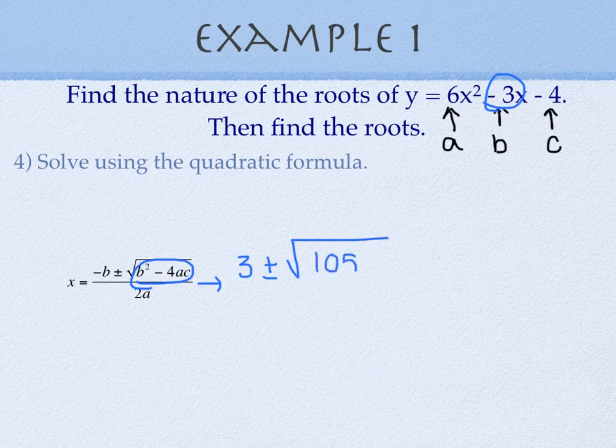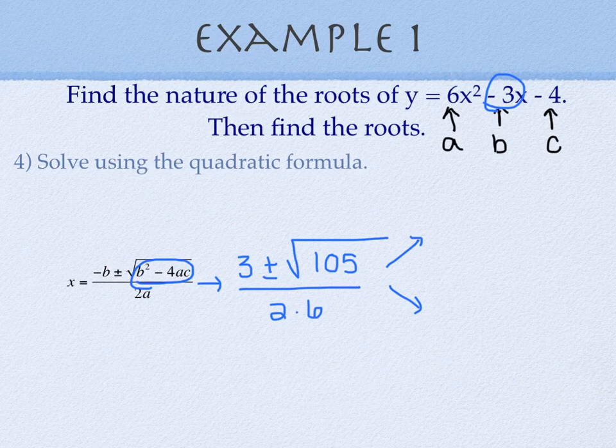So I can just put in the 105. I don't have to recalculate that. Over 2 times my a value, which is 6. Okay? Remember, because I'm having to do this plus or minus thing, I have to split. And this is where my 2 answers are going to come from. We just figured out a second ago that we were going to have 2 answers.